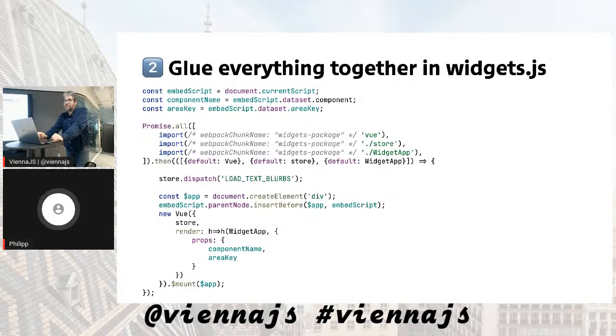Now we have to glue everything together in the widgets.js. At the top, we just take the current script tag, which is executed, and look for the data attributes on it. You can access the data attributes with .dataset. It's a standard DOM attribute. And this will then be used to render our widget app component.